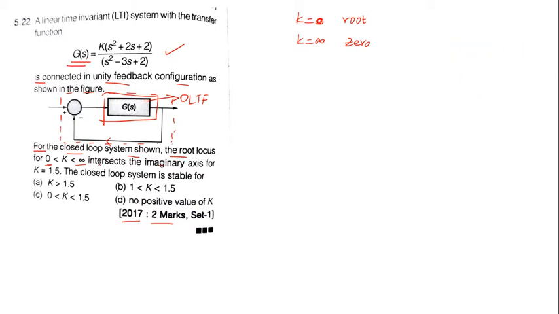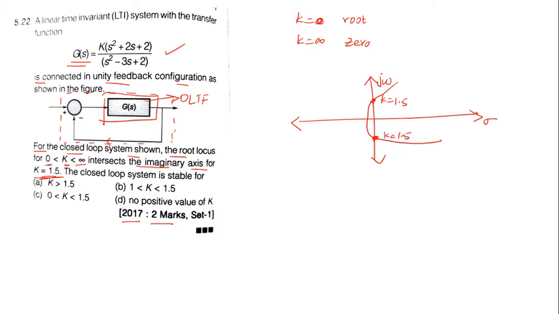Alright, so the root locus intersects the imaginary axis at k equal to 1.5. So the question says that this is the real axis sigma and this is the imaginary axis, the j omega axis. So in this j omega axis, at some point, at k equal to 1.5, the root locus intersects. Suppose if this is the root locus, for example, if I'm drawing, this is the root locus, at k equal to 1.5 it is intersecting.